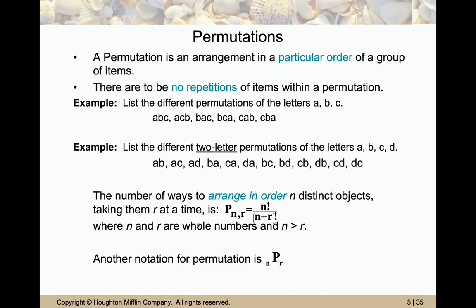The number of ways to arrange and order distinct objects, taking them R at a time, is written P(N, R). You can also write it as N P R. And that is going to equal N factorial over (N minus R) factorial.